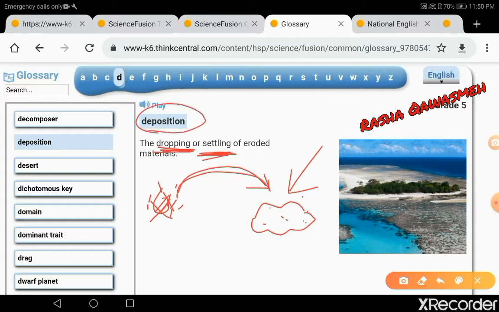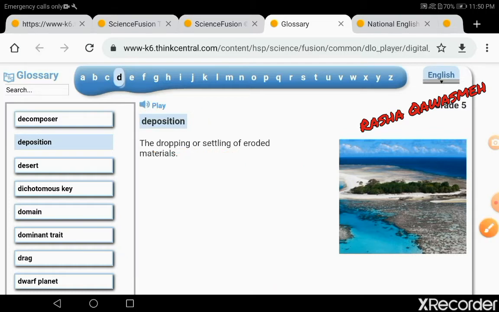This is called deposition. So we have here weathering, which means breaking down, erosion, which means to carry away, and deposition, which means to settle down or to drop. So 3 processes, 1, 2, 3. Let's see the last vocabulary word.